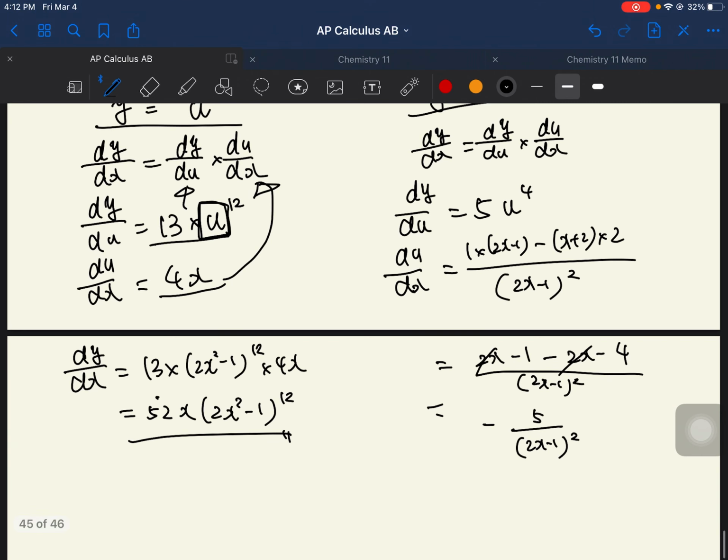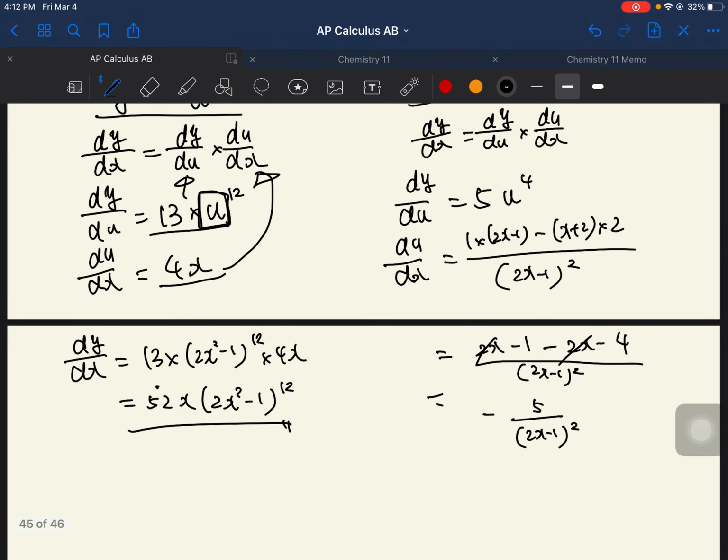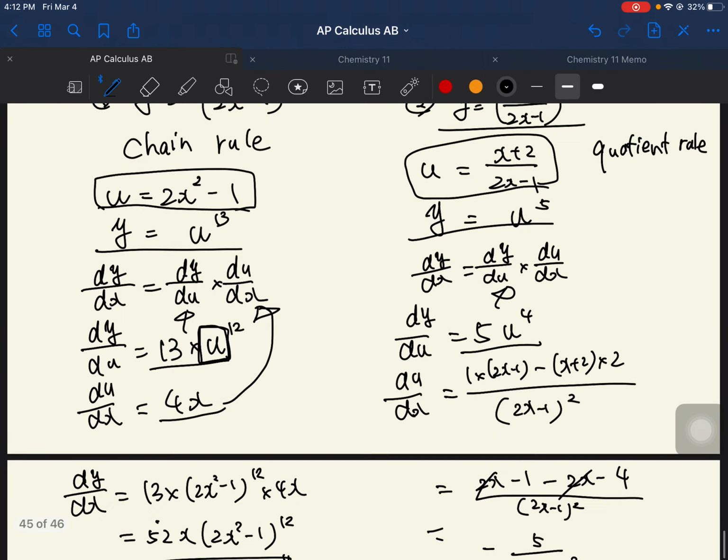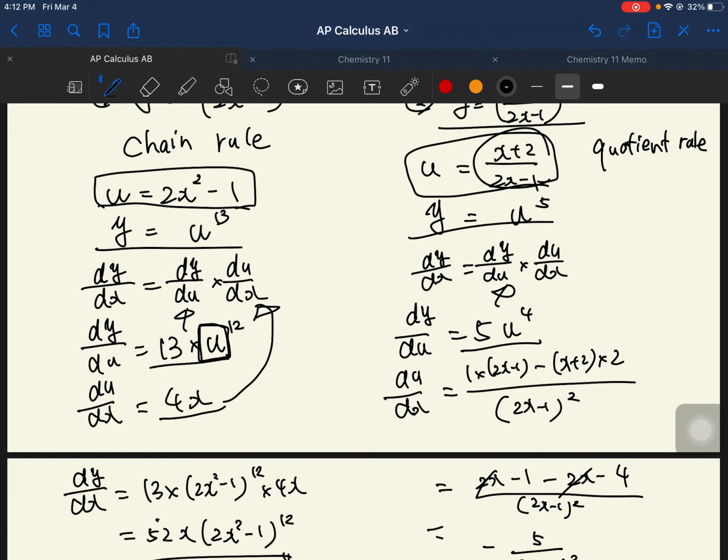So it's not finished yet, so you plug in the value you found into here. dy/dx is equal to 5, and u is which one? U is this one.